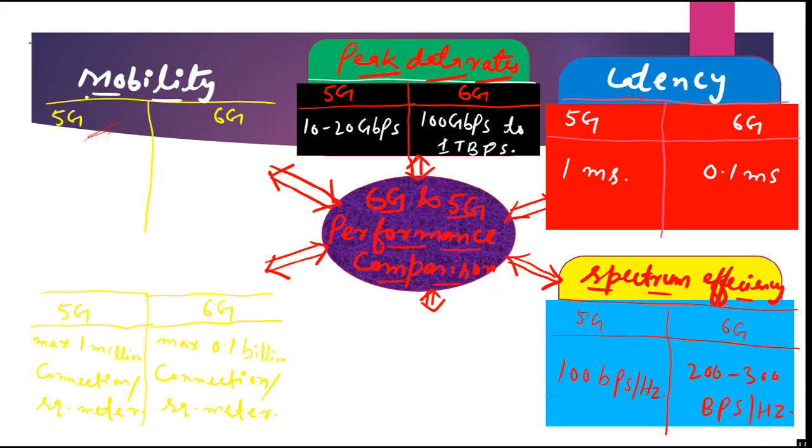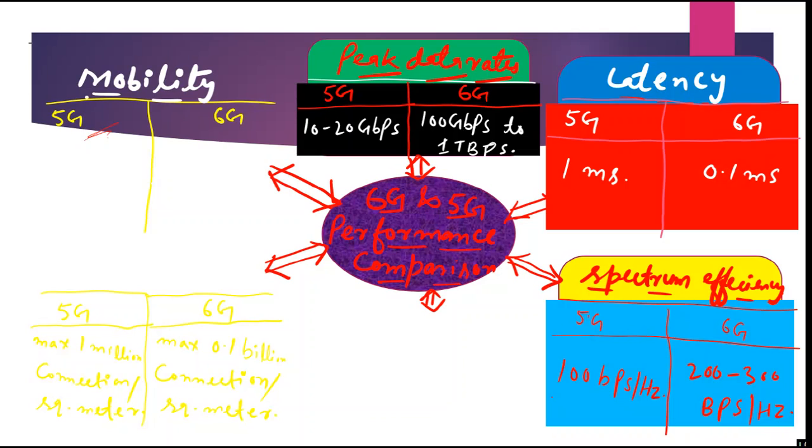So let's move to the next one, spectrum efficiency. So how much more efficient is the spectrum in 6G than 5G. In case of 5G, the spectrum efficiency is about 100 bits per second per hertz.